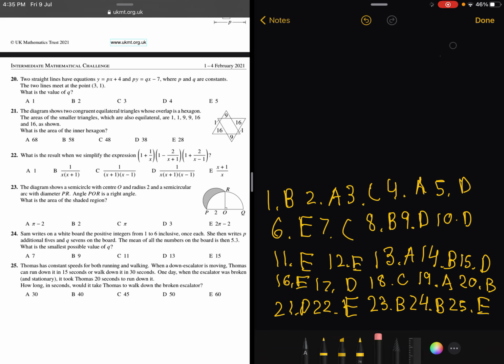This method actually comes from an Indian mathematics book, and you just do 1 over x plus 1 over y is equal to 1 over 15, the total time taken for him to run down plus the escalator, and 1 over y plus 1 over z equals 1 over 30. Given 3 equations, 3 variables, we can solve it. So that's how we get our answer 60 for the last question.